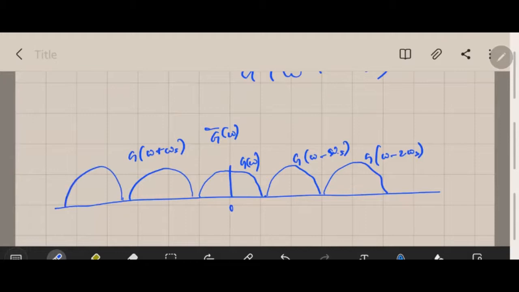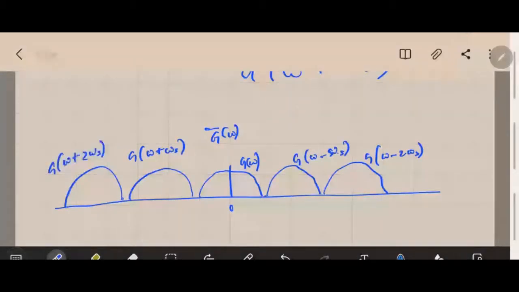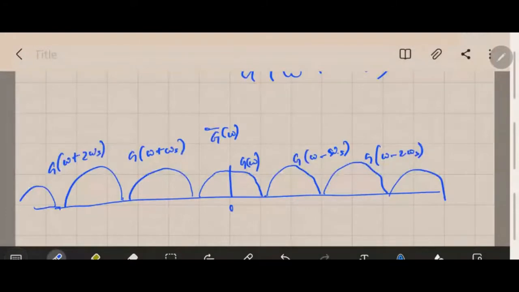That means g of omega plus 2 omega s will be here. In this way, this spectrum would go on up to infinity. The amplitude here is 1 by ts times. Somewhere it will be 2 by ts, so it will be different. However, you could see the spectrum would look like this.